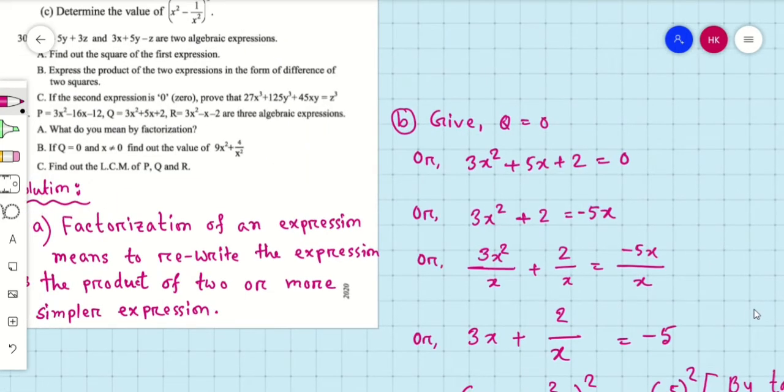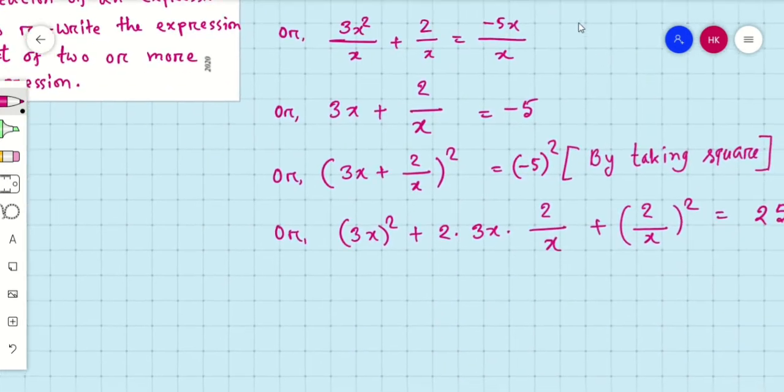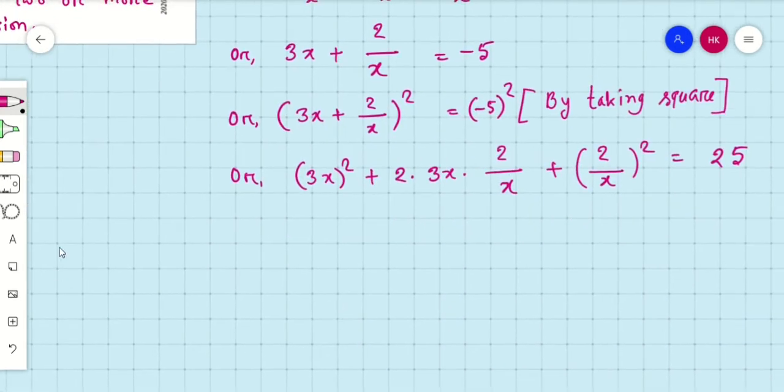Now what we should find is the value of 9x square plus 4 by x square. So if we calculate, 3 square is 9x square, and x and x must be cancelled, so 2 times 3 is 6, 6 times 2 is 12, so 12 plus 4 by x square. We just keep this 2 square separately as 4, and x square becomes x square, is equal to 25.